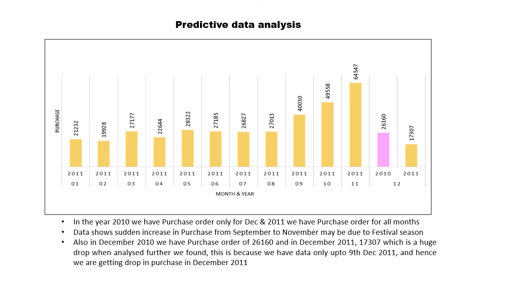In this dataset, we have data only for December in 2010, but we have data for all 12 months of 2011. So here we have a single bar, but here also we can see that in 2010 there were more purchase orders compared to December 2011.